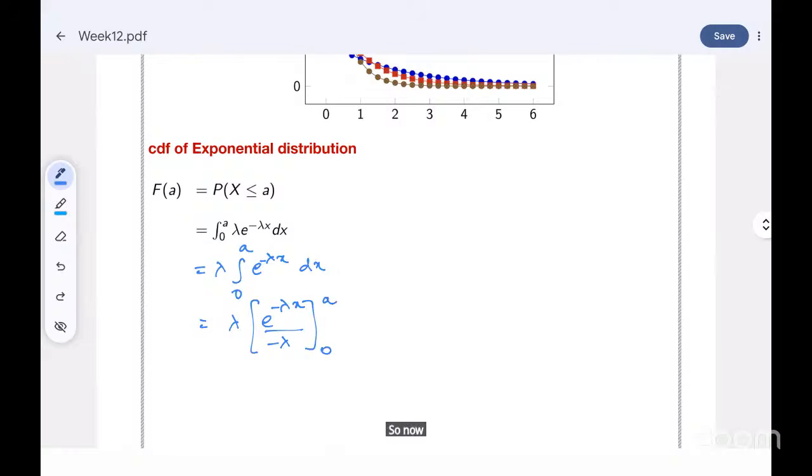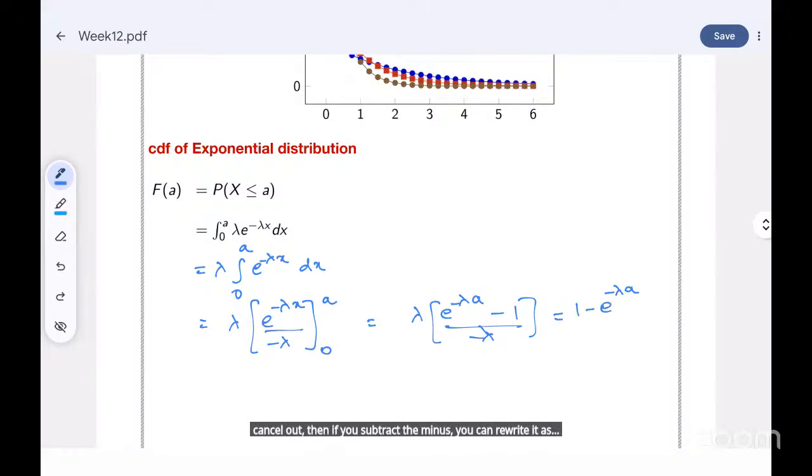So now this is e power minus lambda a minus e power 0, which is 1, and then you have minus lambda here, right? So lambda you can cancel out, and if you subtract the minus, you can rewrite it as 1 minus e power minus lambda a. Yeah, fine.